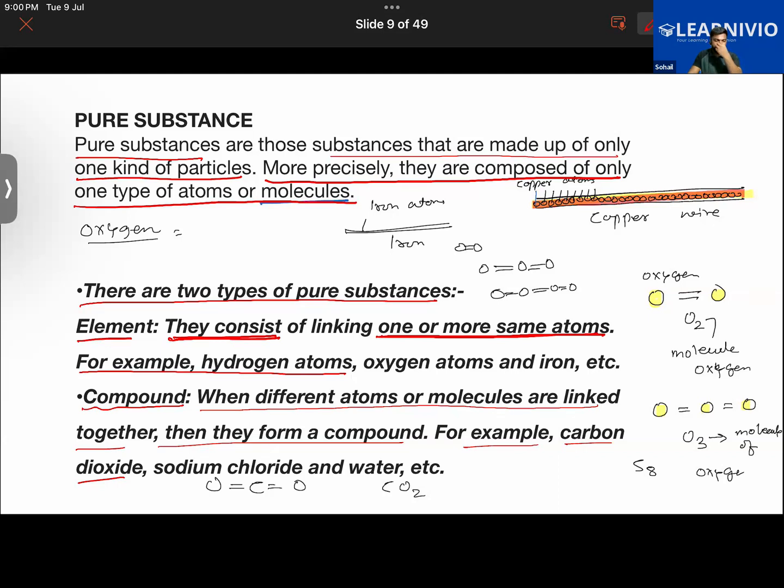So it's a mixture, and thereby it's an impure substance, because it's a mix of many things. A pure substance only consists of one kind of particle, but milk consists of many particles.